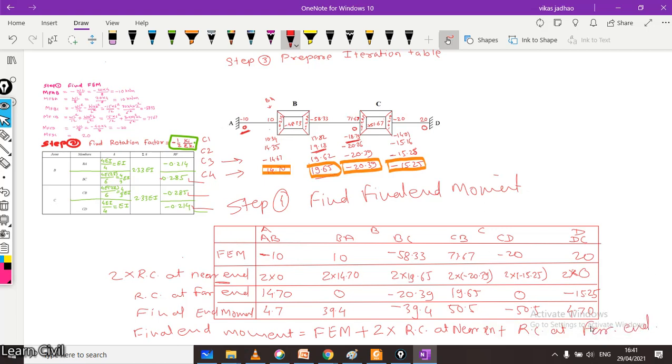This is the formula. Sum of all these will be the final end moment. With this, this particular problem is completed.